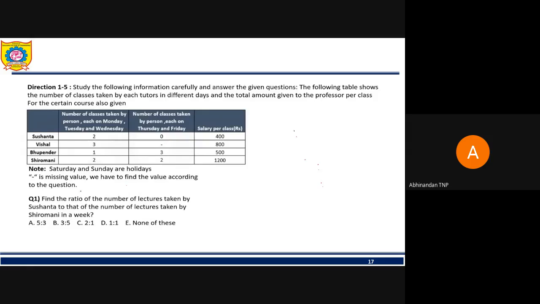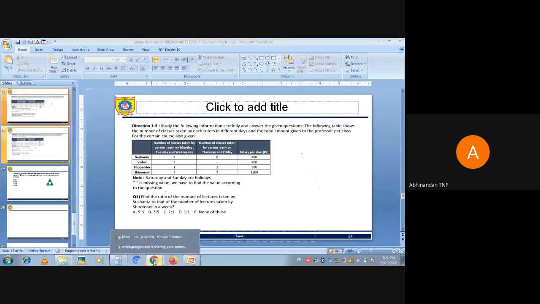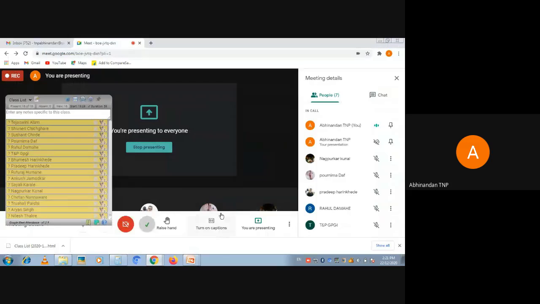These are the professors Sushant, Vishal, Bhupender and Shiromani, and the number of classes.